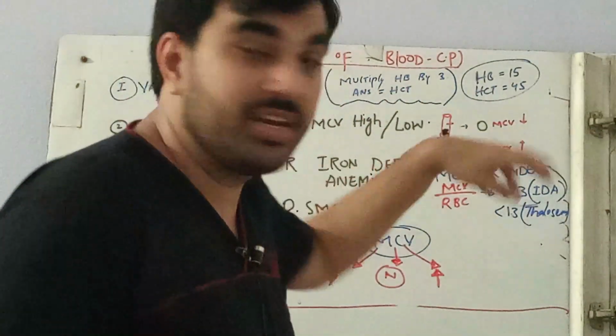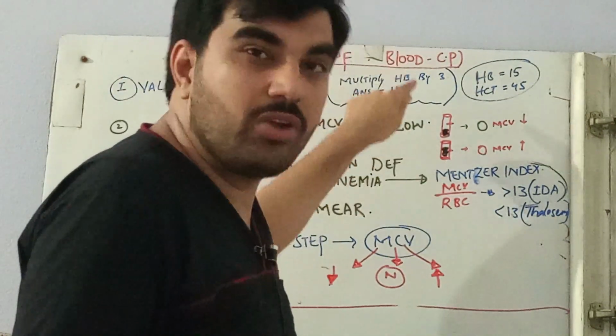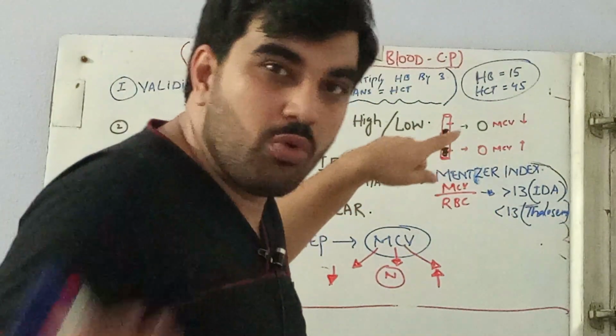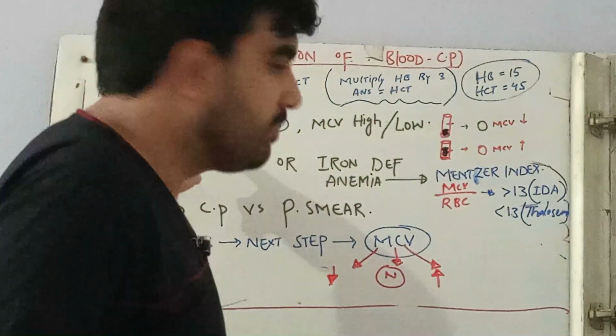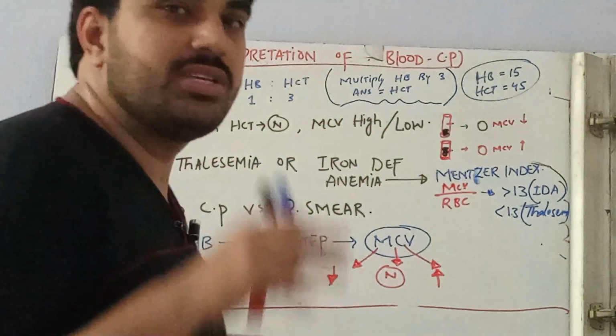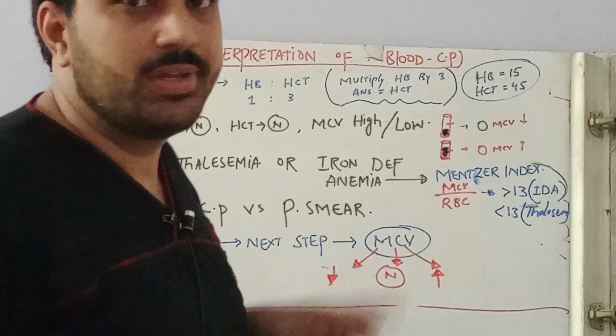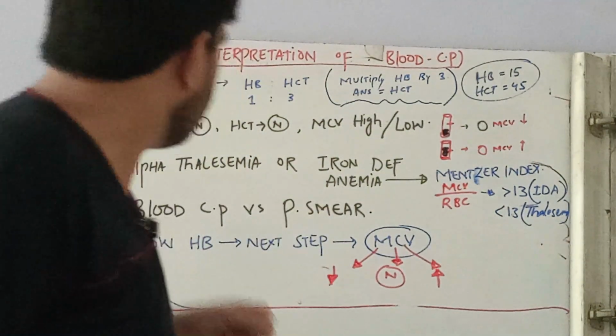When the RBC shrinks, that gives you smaller MCV. Now if you take more blood than that point, what will happen? The water enters into the RBC and that gives you high MCV. So if the HB is normal, hematocrit is normal, but MCV is high or low, repeat the blood smear, repeat the peripheral smear, or repeat the blood CP.